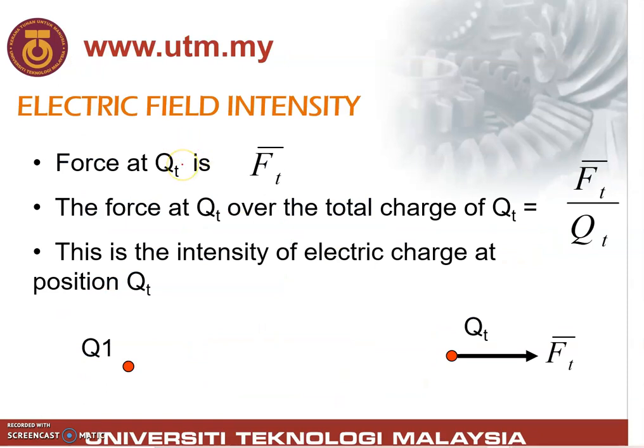Electric field intensity: the force at Qt is Ft, and the force at Qt over the total charge Qt is Ft over Qt. This is the intensity of the electric field at position Qt.